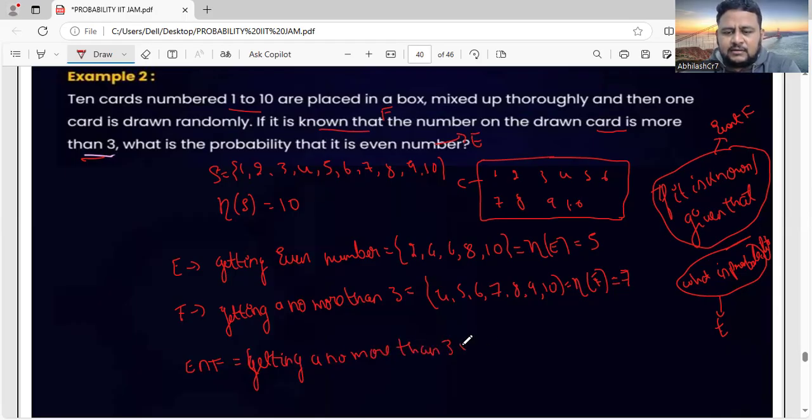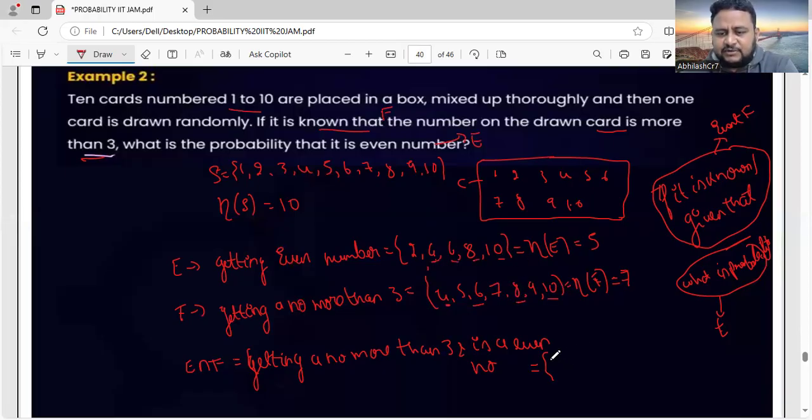What is common between these two? 4 is common, 6 is common, 8 is common, and 10 is common.